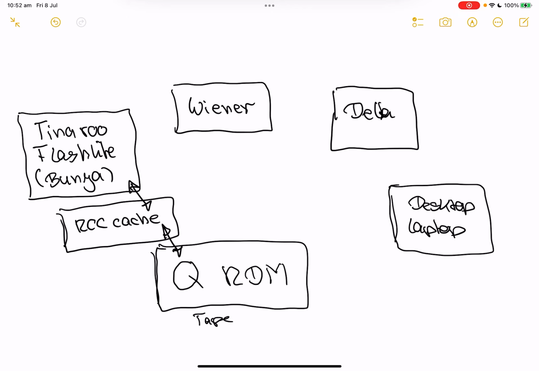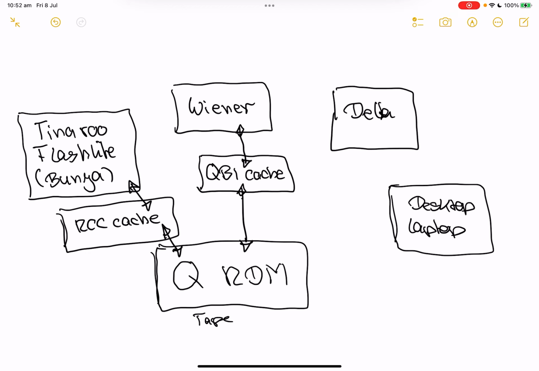Now Vina has a different cache, so a different disk infrastructure that sits in between the RDM and the Vina cluster, and that is the QBI cache. And so if you're accessing your QRDM from Vina, you're going through a different cache as if you would access it from Flashlight or Banya or Tinaroo.